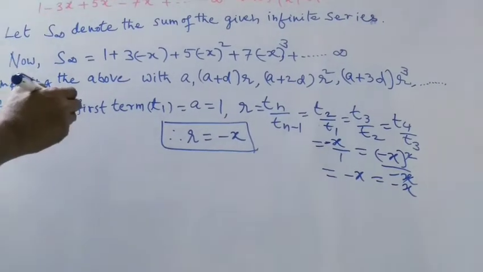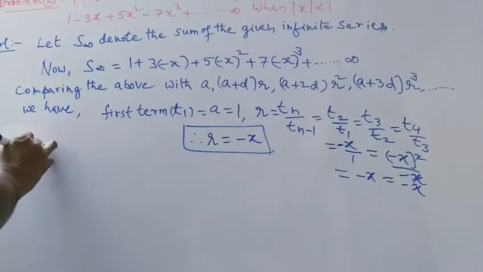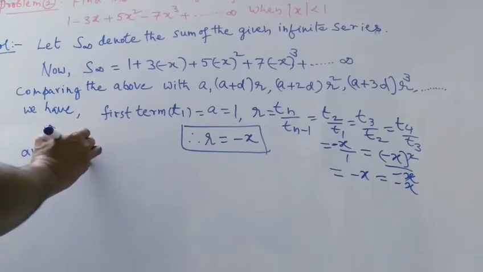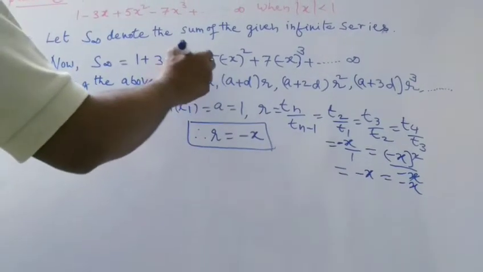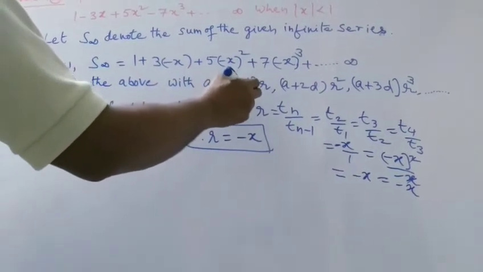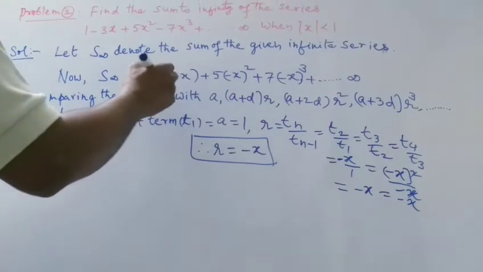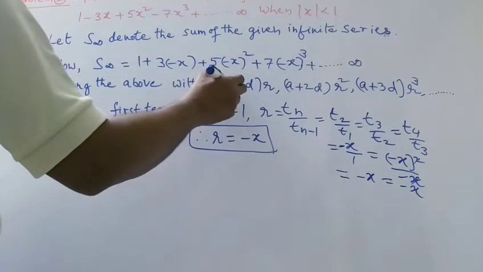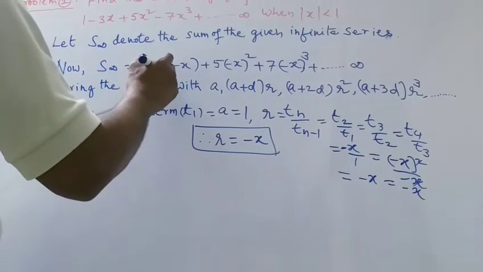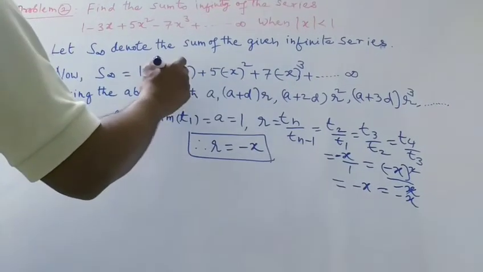And comparing, (a plus d) into R is equal to 3 of minus x. So in place of a plus d, here 3. The a plus d value is 3 and R value is minus x.